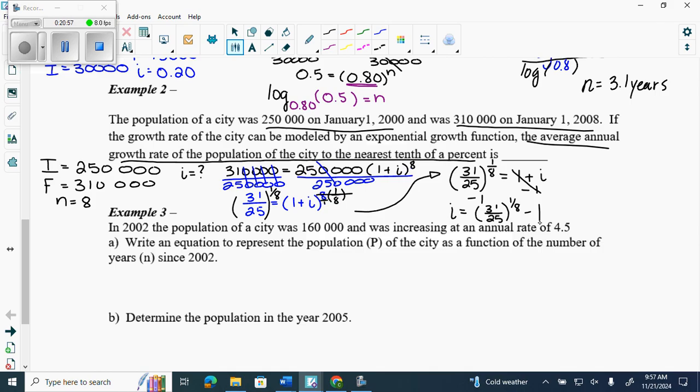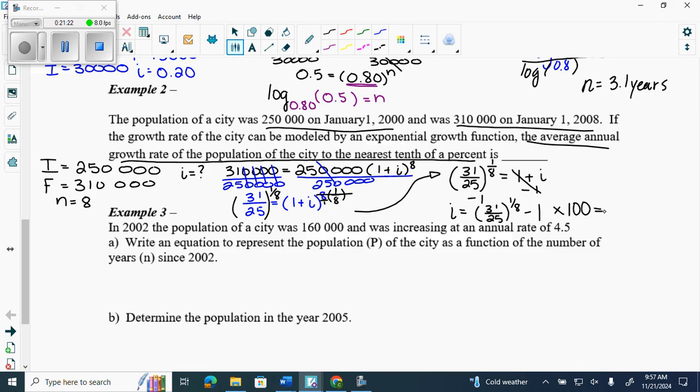Our answer is going to be a decimal. They want a percent. So what are we going to have to do? Times it by 100. And I want it to the nearest tenth. Now remember rounding rules. If they say tenth, how many zeros does a 10 have? 1, so that's 1 decimal place. If they say hundredth, how many zeros does a 100 have? 2, so that's 2 decimal places.